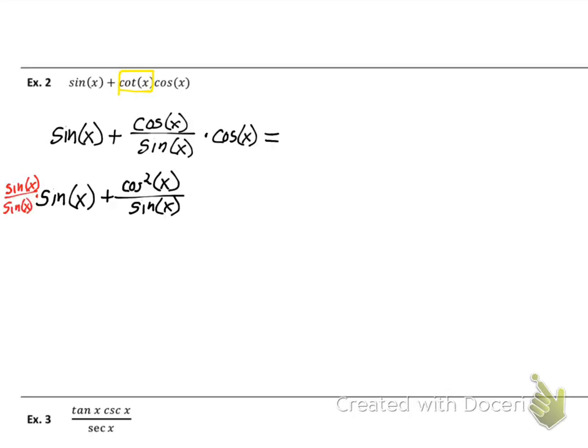Okay, and that's just going to equal, well, sine of x's across will be sine squared x over sine of x plus cosine squared x over sine of x.